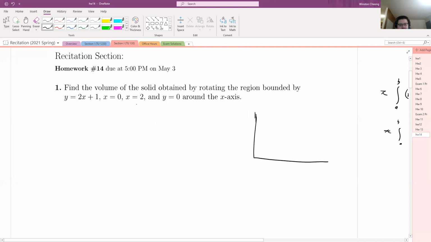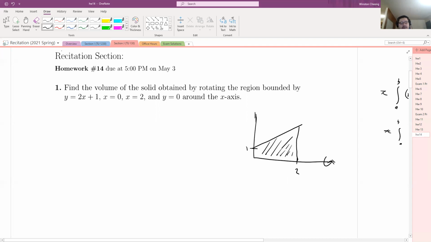So x equals 2, x equals 0, y equals 0, that's just going to be the axis. We rotate about the x-axis, and we have the equation 2x plus 1. That's just going to be some kind of a line. And this is the region that we rotate about the x-axis to create our three-dimensional figure.